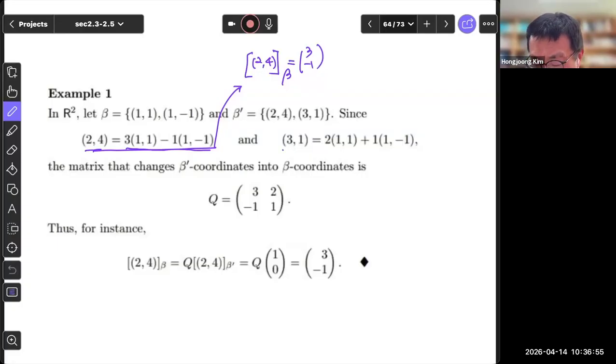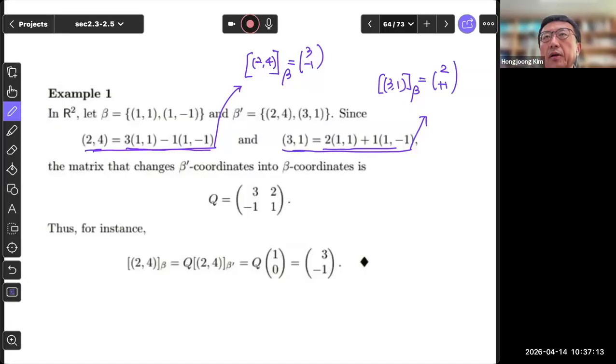And (3, 1) can be written by this. That means the coordinate of the (3, 1) vector with respect to beta will be (2, 1). So this beta is the coordinate of the codomain.